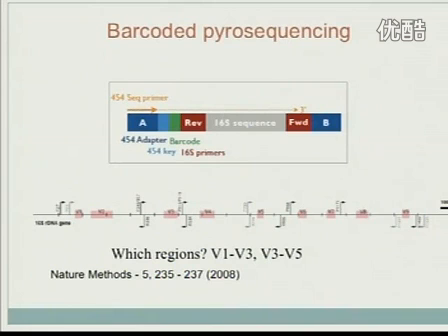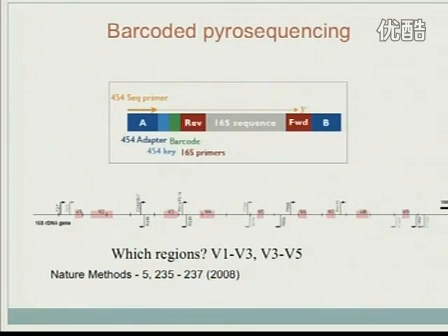But if you really want to get the rare ones, you need to go very deep. Rob Knight likes to do shallow sequencing. He will get several thousand reads for a sample, and sometimes that's good enough for some purposes. If you want to distinguish gut versus skin, probably you just need the first 1,000 reads, because the abundant species will be different.